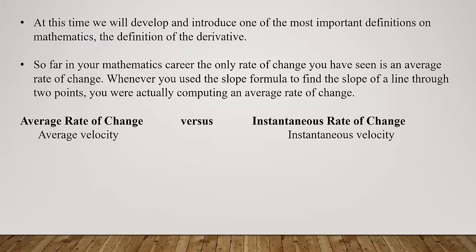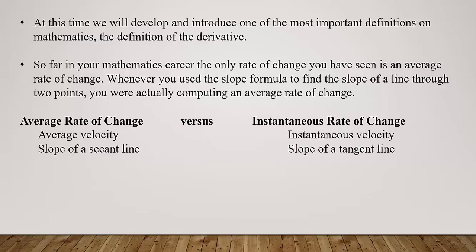So, for example, if you've ever received a speeding ticket and you got pulled over for speeding and you were informed that it was determined by radar, well, that radar gun was computing your instantaneous velocity. It was computing your velocity at a particular point in time.